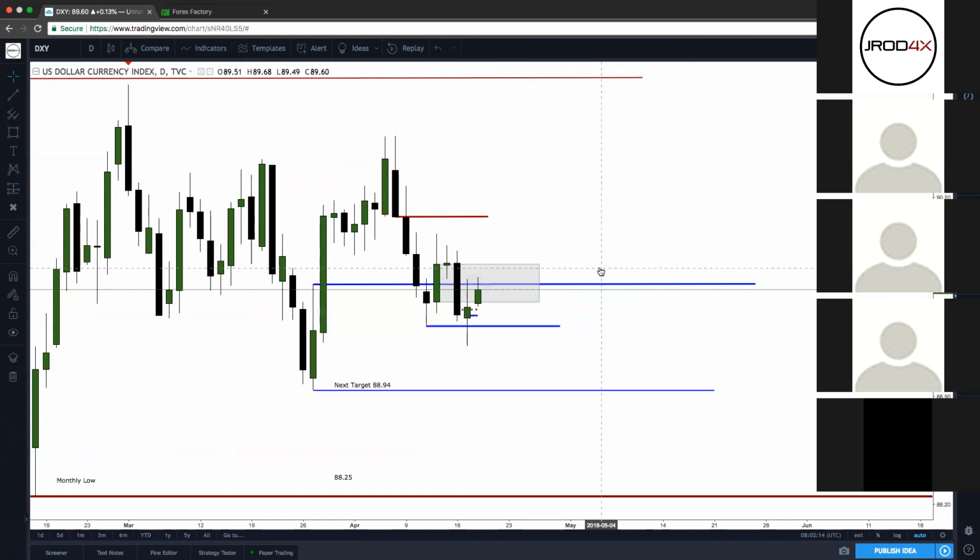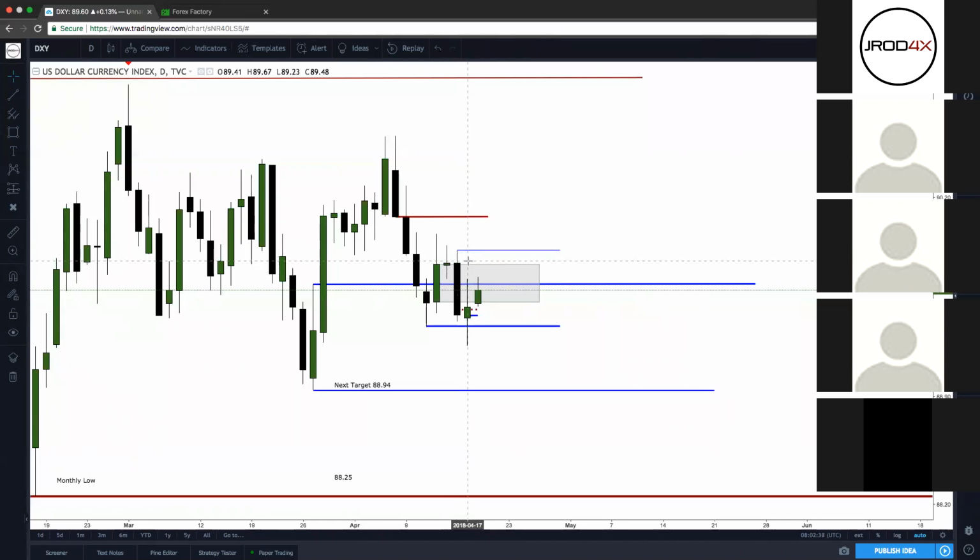Now, if we break above these highs in here, so really if we break above this candle's high, then I would have to switch my direction. So I'm just going to mark this level on my charts. This is pretty much what I do every night. I just sit here and formulate ideas based off what I see in the charts and how I'm going to react to what I see.